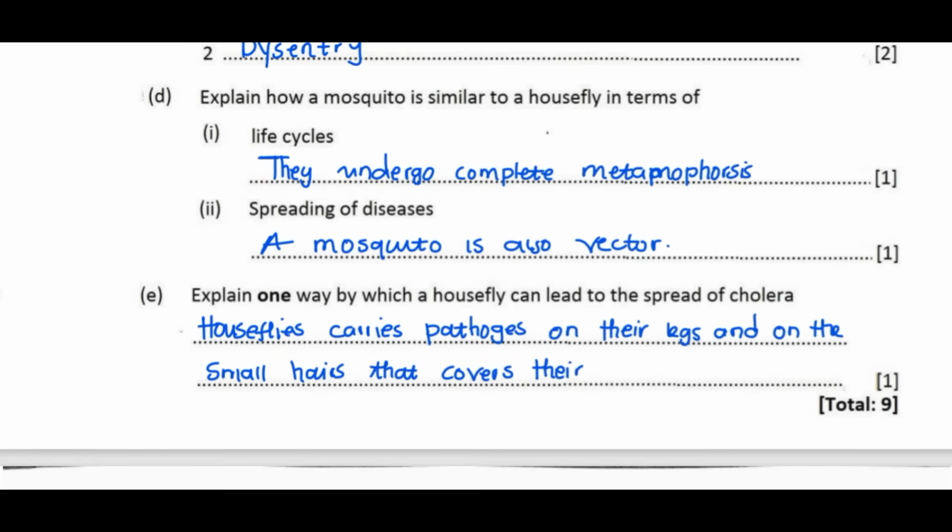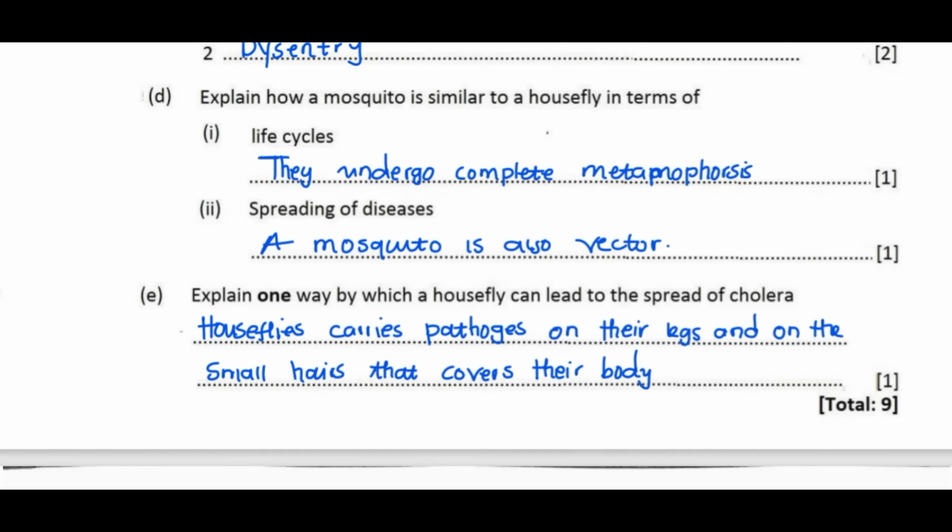So this means that the pathogen, like the Vibrio cholerae, which is the pathogen for cholera, will stick to the legs of a housefly and also to the hairs that cover the body.